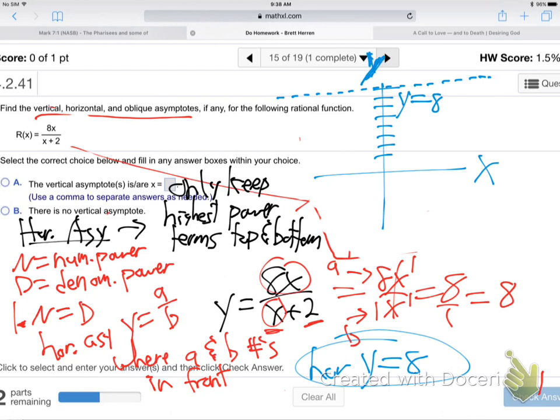Cutting through the Y axis up at 8, there would be a horizontal dotted line. Horizontal asymptote for this graph. Is that good? Okay. I'll talk about why this power thing works in a minute. Let's just get a couple more under our belt, then we'll talk about why that is even true.